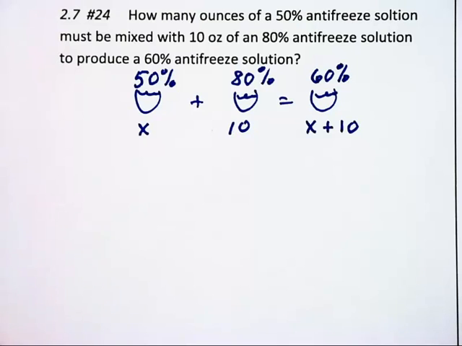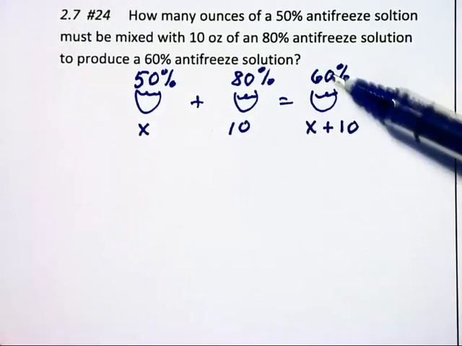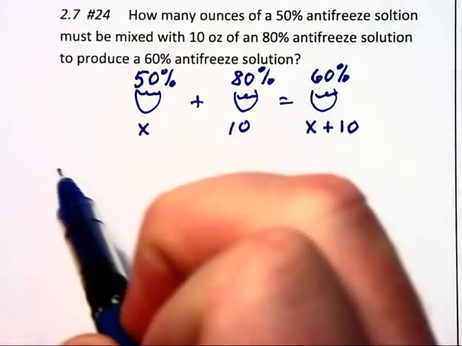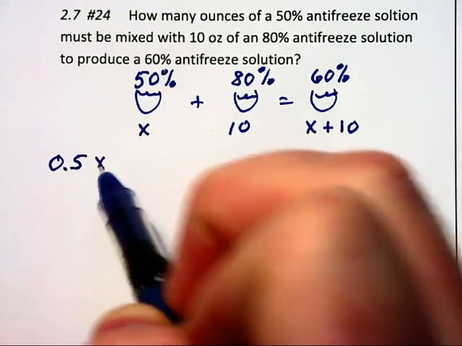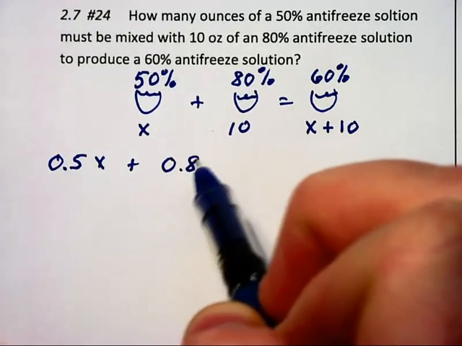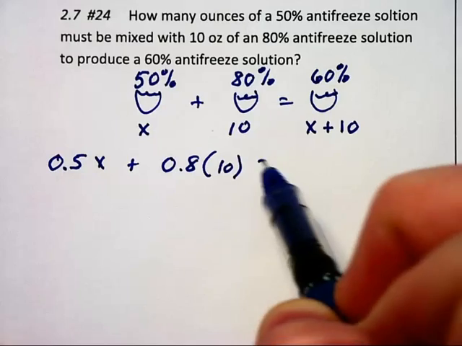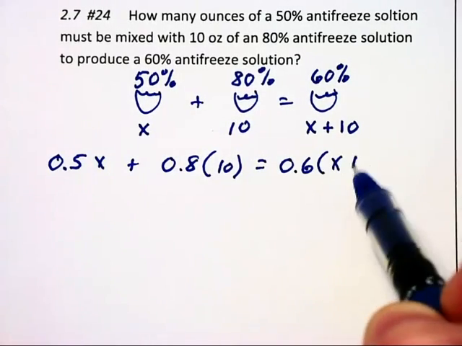Okay, now to use this method, we're going to take the top times bottom plus top times bottom equals top times bottom. And so 50% can be thought of as 0.5 times x plus top times bottom, 0.8 times 10, is equal to 0.6 times x plus 10.